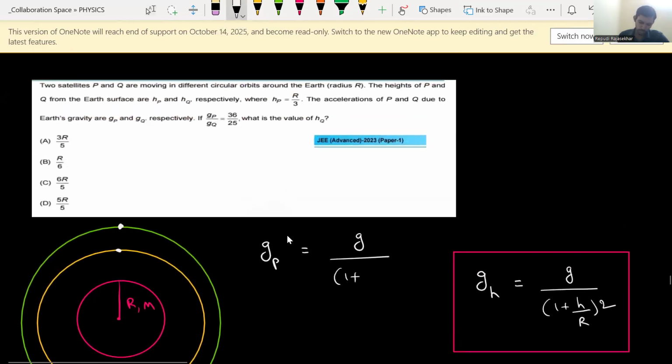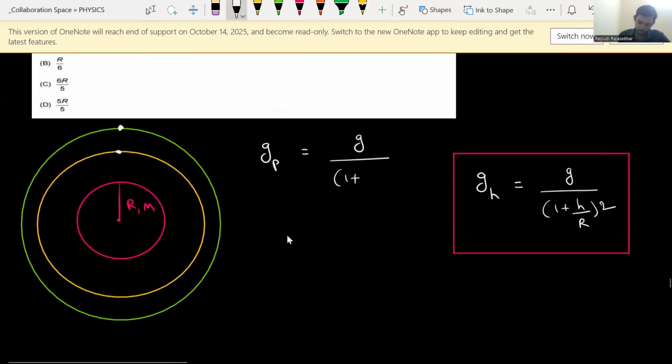The height is given as R by 3. For planet P they have given the h value R by 3, into R, whole square. Instead of h, how much do we need to substitute here? Because the height is given as R by 3. Just substitute this in the formula, that's it. Next, simplify this.